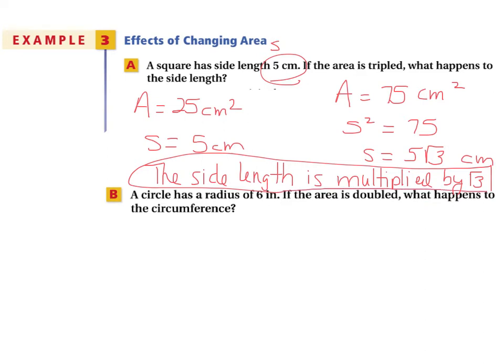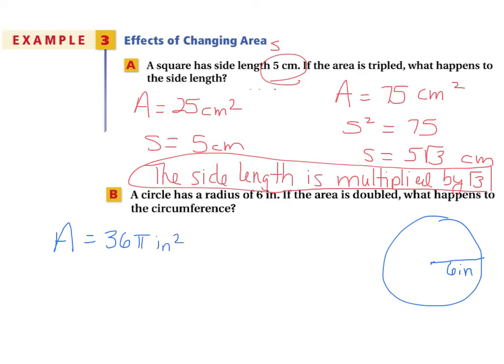A circle has a radius of 6 inches. If the area is doubled, what happens to the circumference? So if we have an area, and right now, the area will be pi r squared, so 36 pi square inches. Double it.